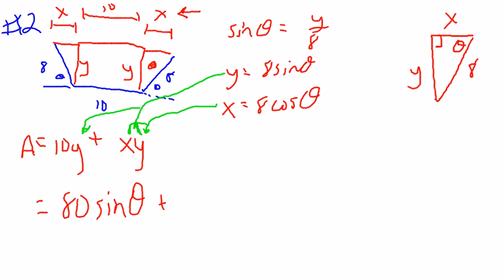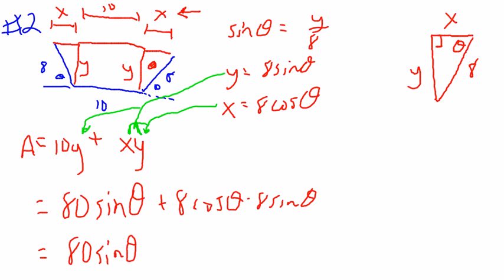So I get plus 8 cosine theta times 8 sine theta. I can reorder multiplication, so the first part doesn't change, 80 sine theta, plus 8 times 8 is 64, so I'm going to multiply them first, so I get 64 cosine theta sine theta.